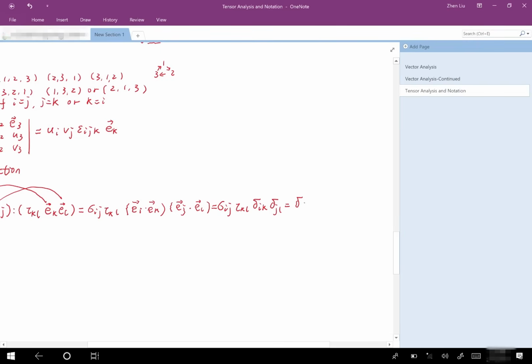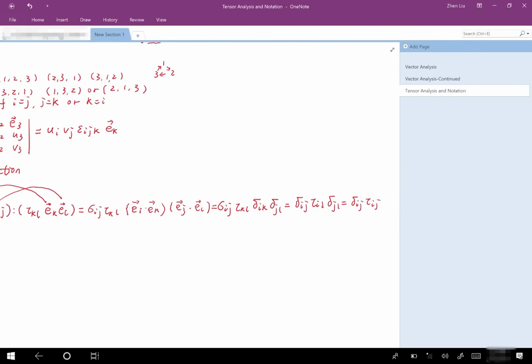It's the same thing. So let's replace k with i. So we're going to have sigma_ij tau_il, right? Then let's do it step by step, and replace l with j. So it's going to be sigma_ij tau_ij.